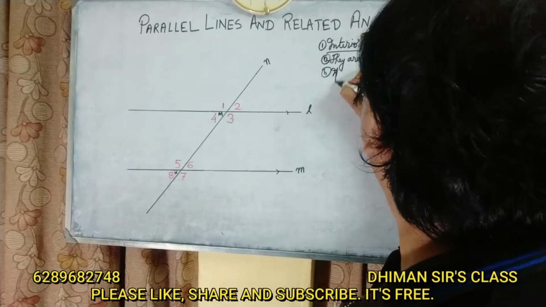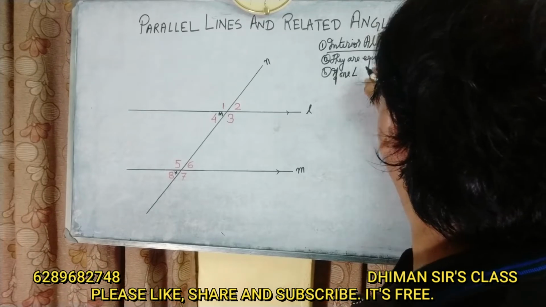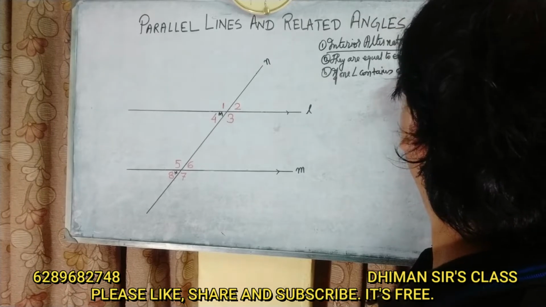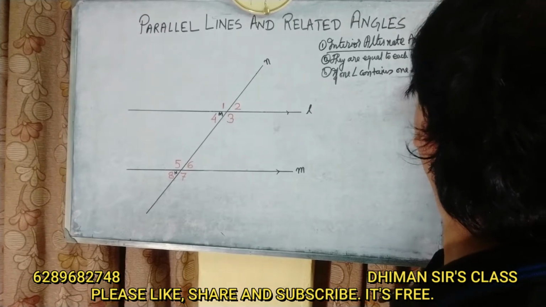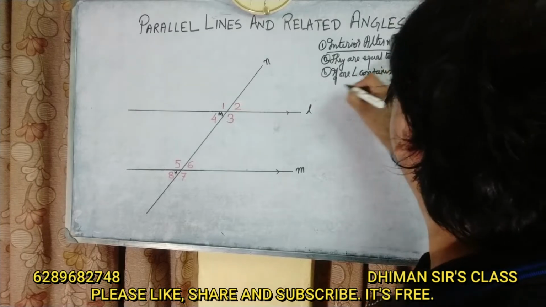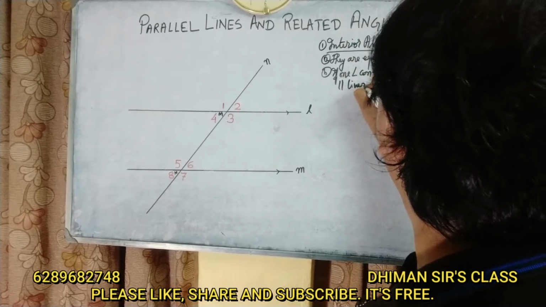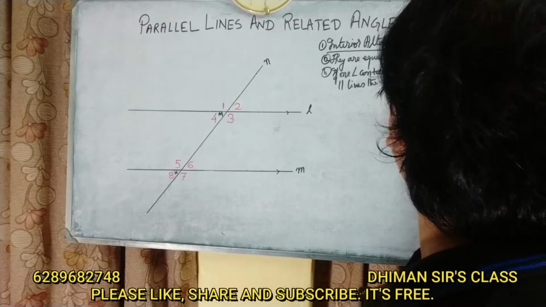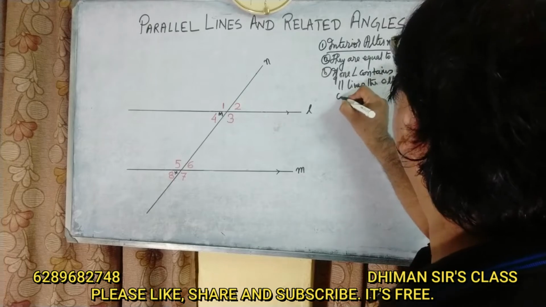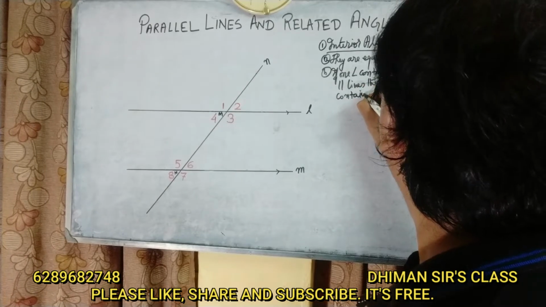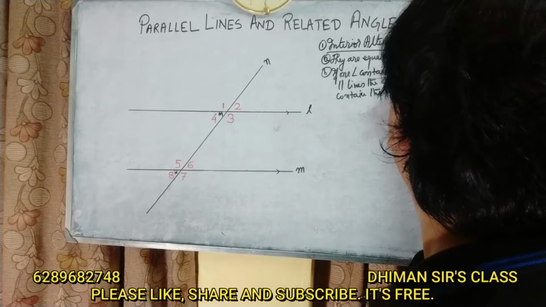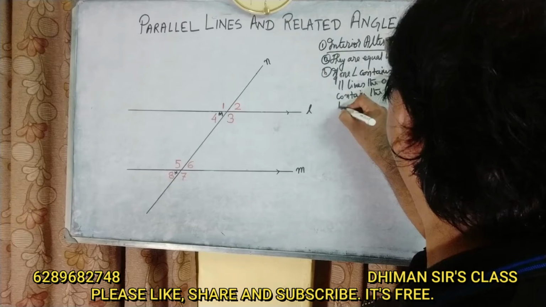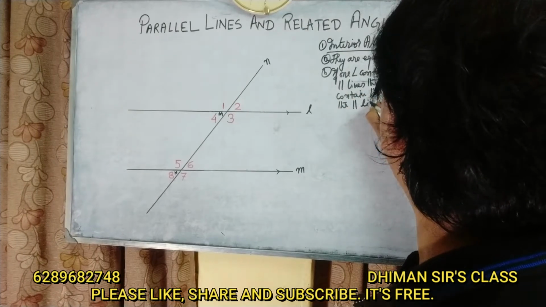If one angle contains one line of the parallel lines, the other angle will contain the other line of the parallel lines.